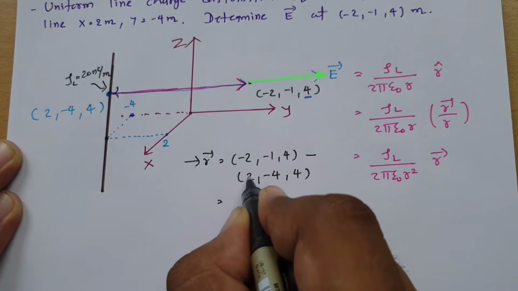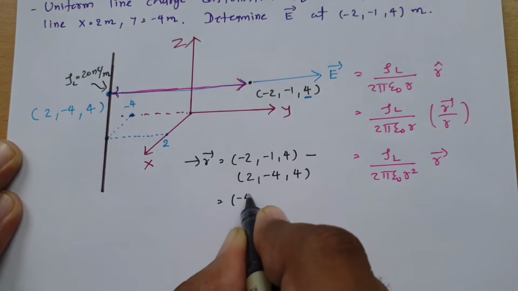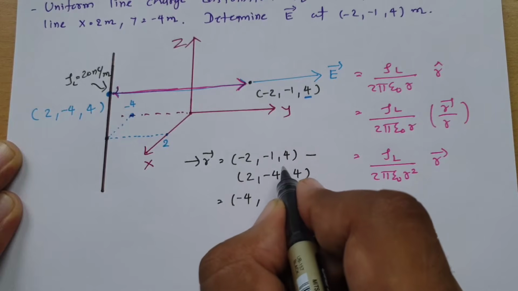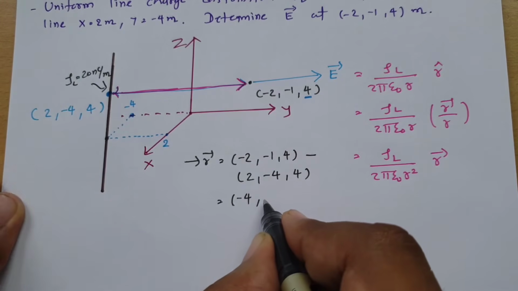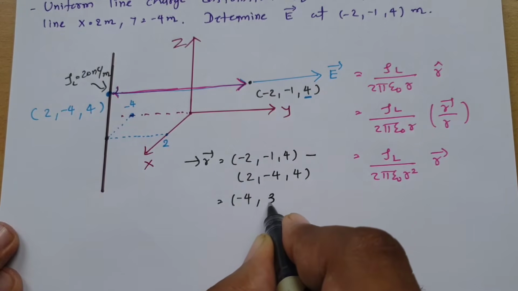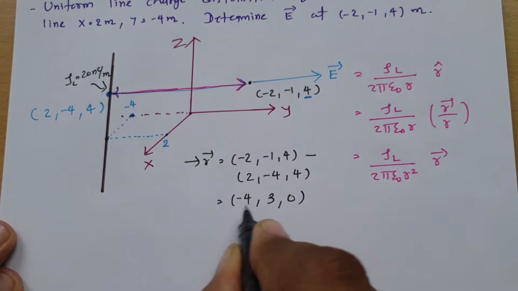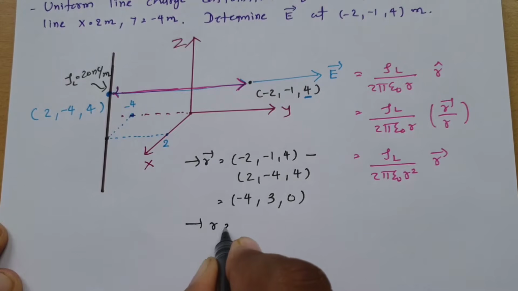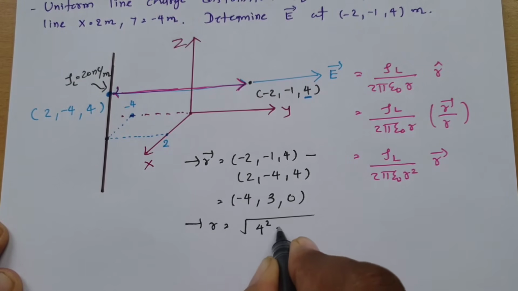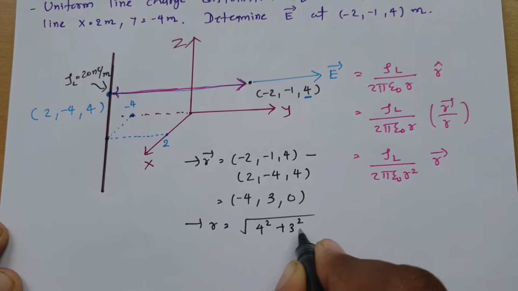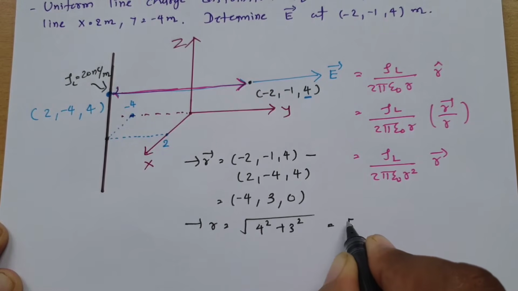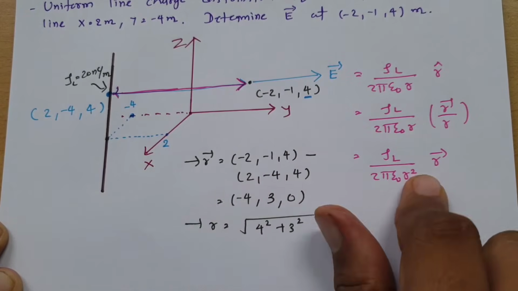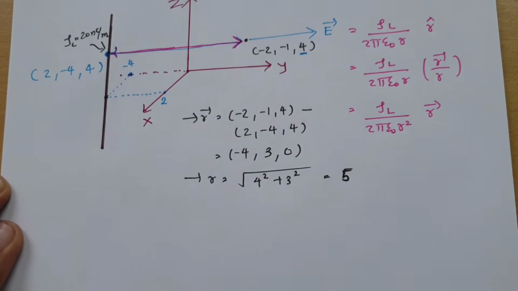If you do this, minus 2 minus 2 is minus 4, minus 1 minus minus 4 is minus 1 plus 4, so that is plus 3, and 4 minus 4 is 0. So vector r is this, and the magnitude of r is the square root of 4 square plus 3 square, so 16 plus 9, the square root of 25, that is 5. So r is 5. Now we can place these values in this to get the electric field.